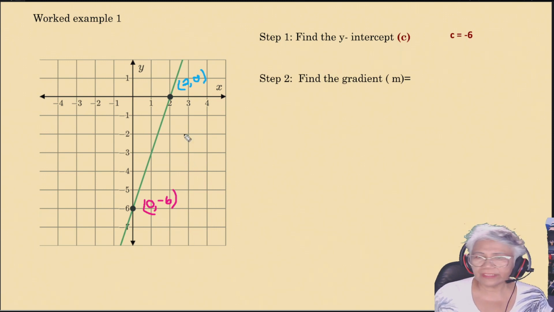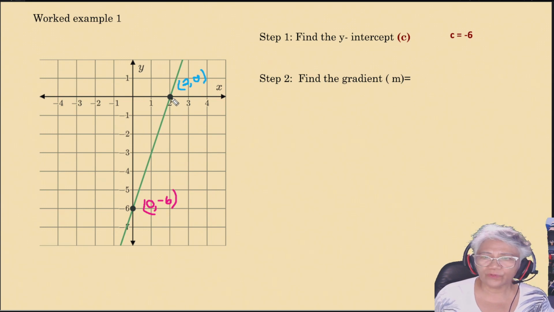Okay, now step number 2, find the gradient. So the gradient, as we defined before, is the rise over the run. The rise would be this part, up to the point.